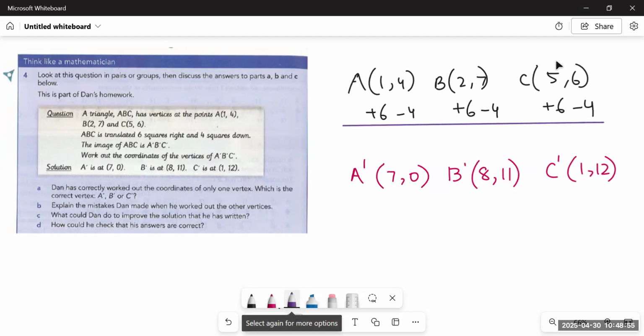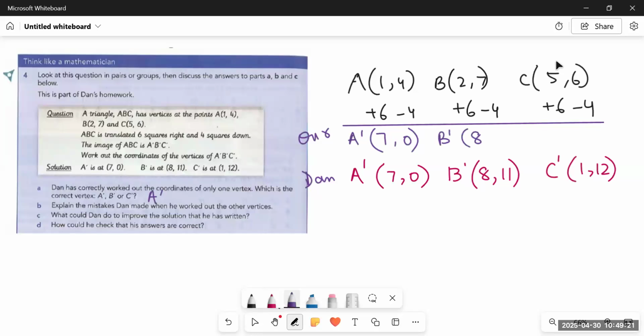This is the solution for Dan, and this is ours. So 1 plus 6 is 7, and 4 minus 4 is 0. So it means this one is correct. Dan has correctly worked out the coordinates of only one vertex, which is A dash.